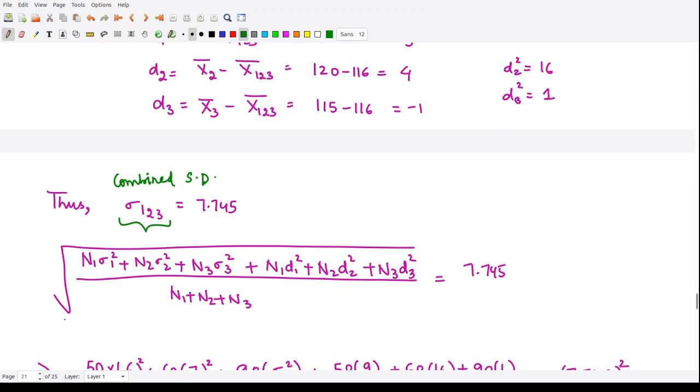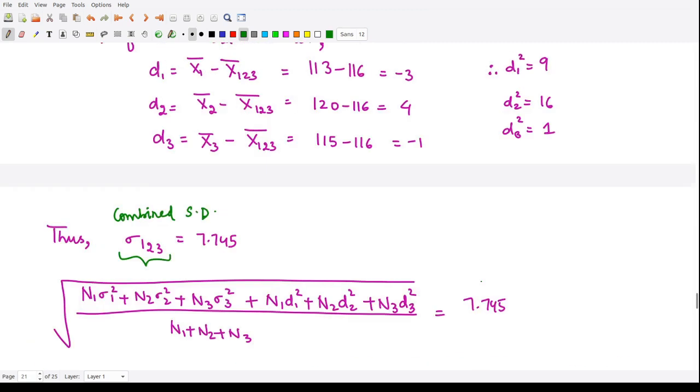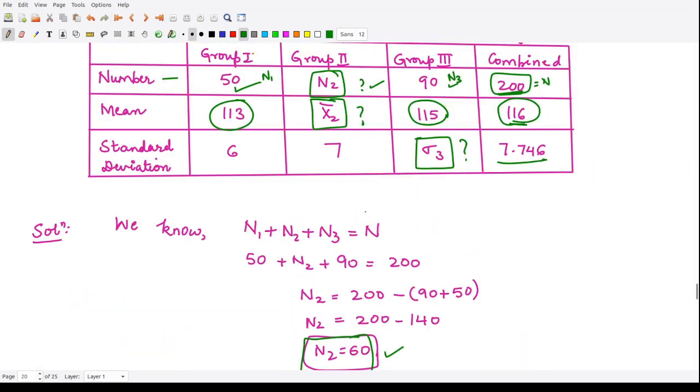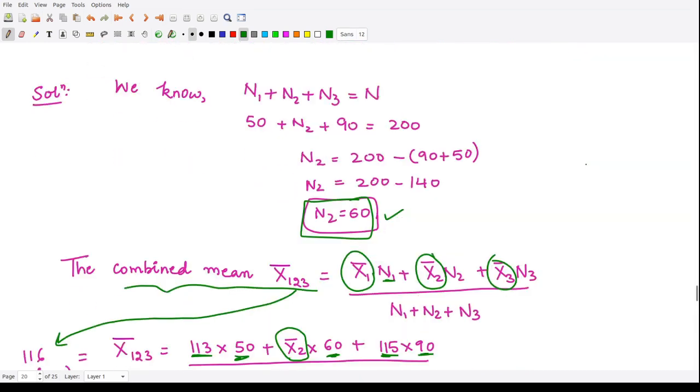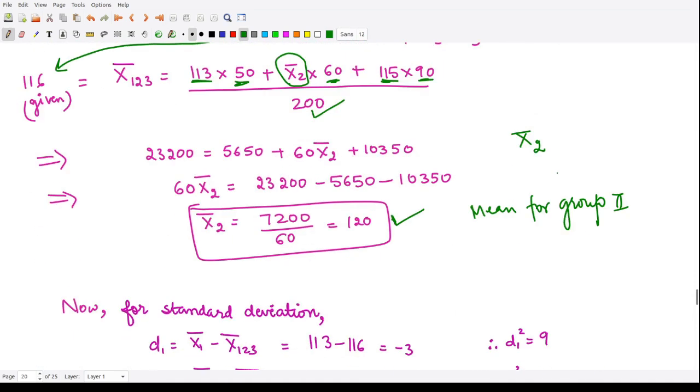Its formula is equal to the square root of n1 sigma 1 square plus n2 sigma 2 square plus n3 sigma 3 square plus n1 d1 square plus n2 d2 square plus n3 d3 square, divided by n1 plus n2 plus n3, and that is given to be 7.745. Now what information is missing here? Sigma 3 is missing. Everything else we have: this is sigma 1, this is sigma 2, and this is the combined standard deviation, sigma 1, 2, 3. So we can substitute all the values in this expression.